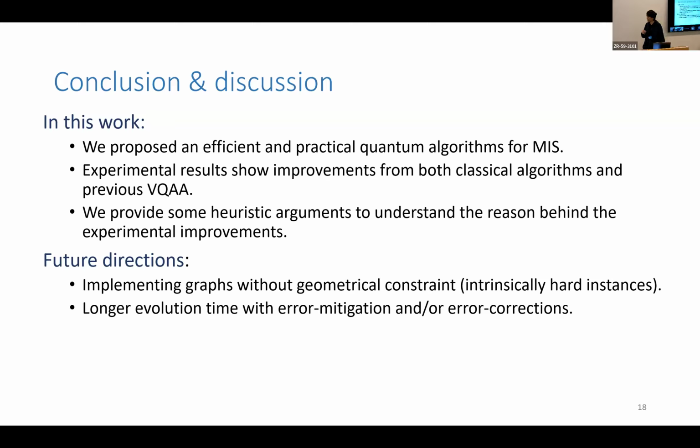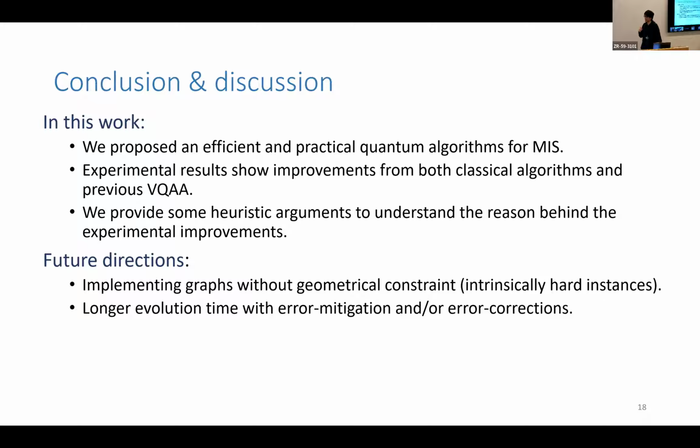And also another possible optimization direction is the evolution time. Here, because of thermal fluctuations and other noises, we only have a constant evolution time, which makes this algorithm eventually fail at large graph sizes.